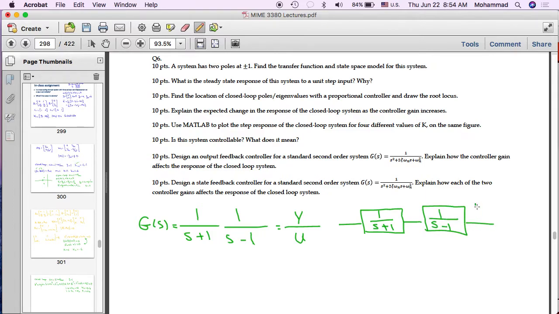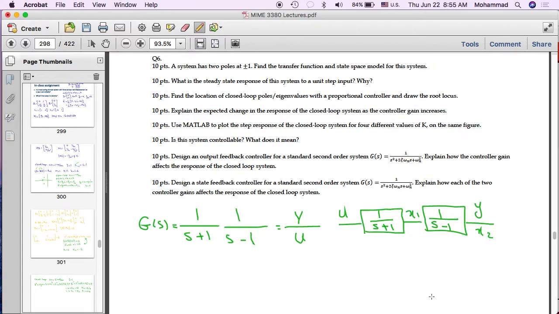And out comes Y. So U goes in and call this x1, your first state variable, and call this x2, your second state variable. The order could be switched, so you can call the line in between x2 and the next one x1. It doesn't really matter, as long as you realize that there are two state variables, and each is created this way with one dynamic.